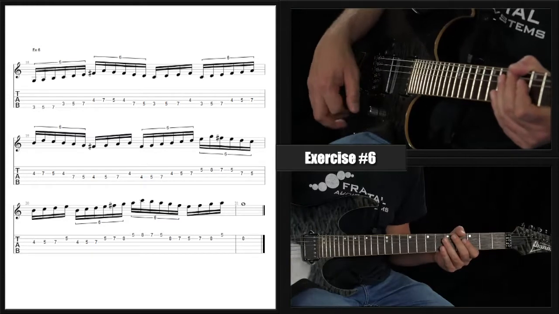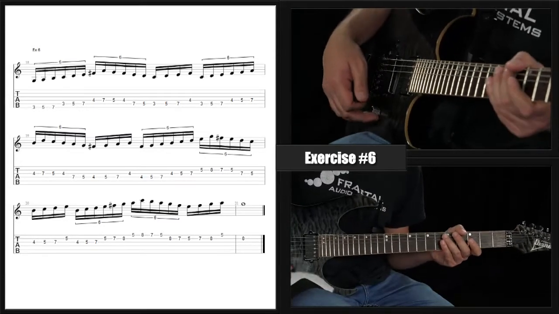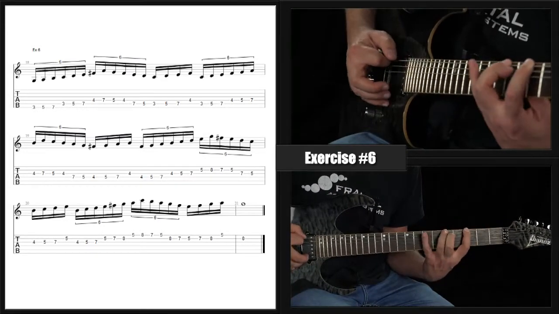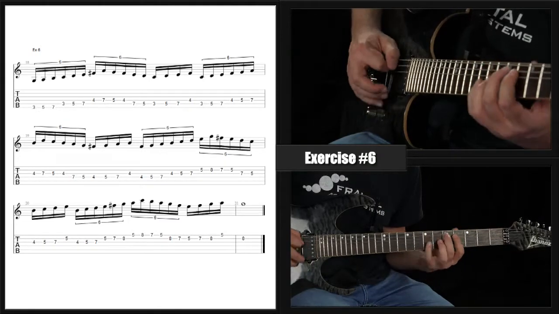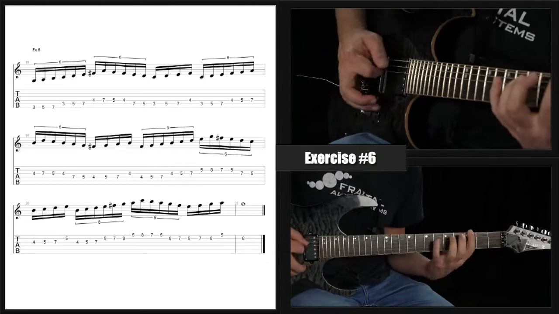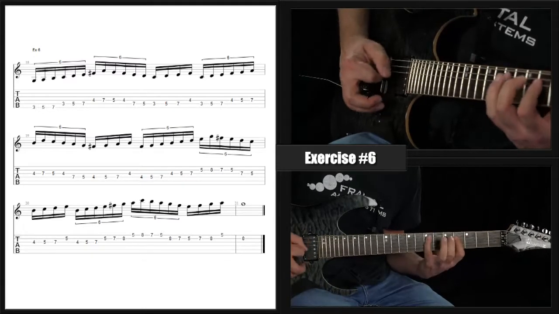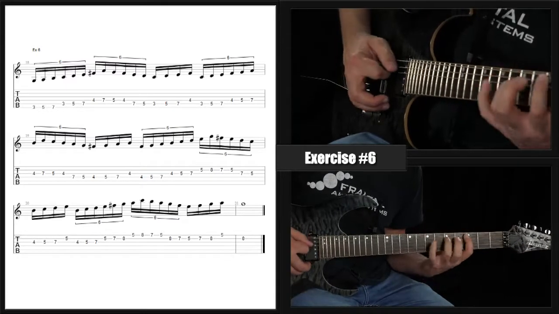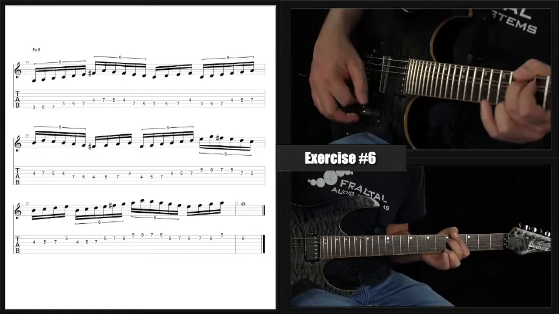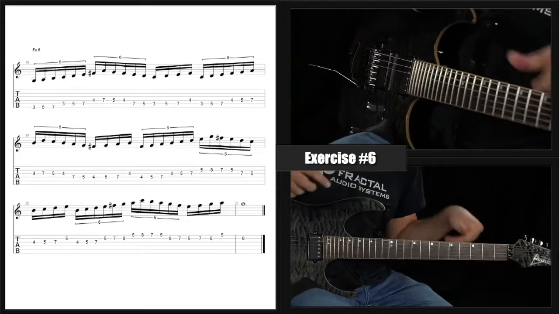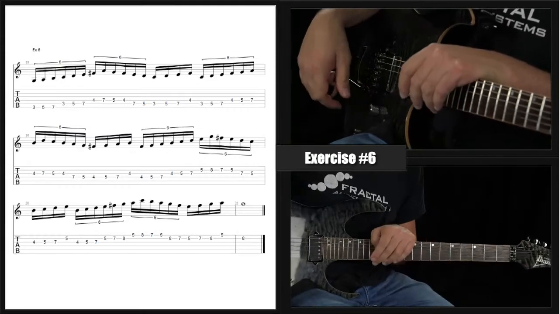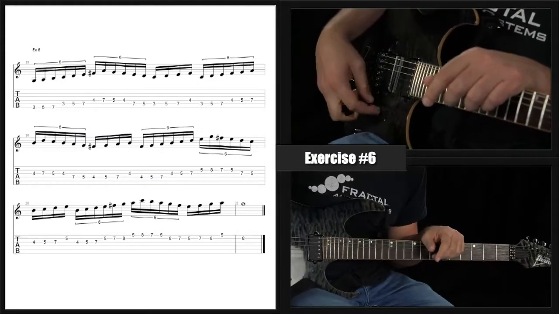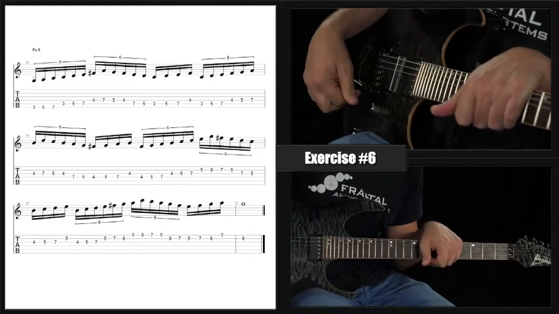So altogether, if I play the first 2 groups of 6 notes, we have this. Followed by a grouping of 4 notes. So we had 1, 2, 3, 4, 5, 6, 1, 2, 3, 4, 5, 6, 1, 2, 3, 4.